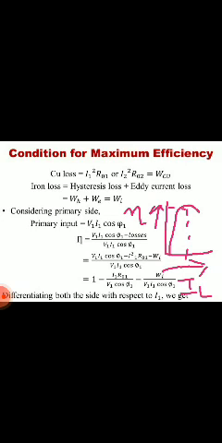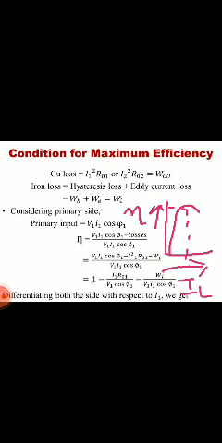So here we can see the graph between load current and efficiency. Load current is represented on the x-axis and the y-axis represents efficiency. When we increase the load current, the efficiency also increases. At this point we obtain the maximum efficiency.